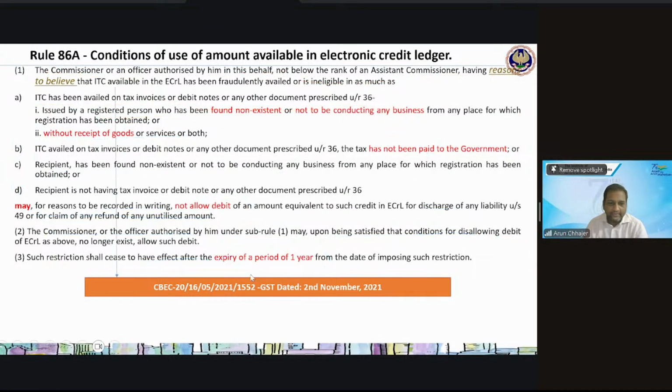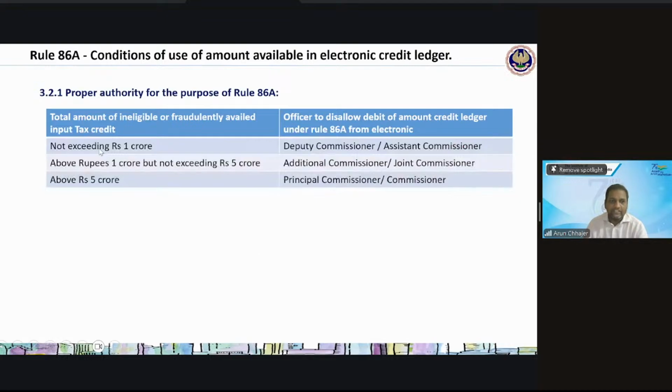There is one CBIC order which talks about if the amount is not exceeding 1 crore, then deputy commissioner or assistant commissioner. Amount exceeding 1 to 5, then additional or joint commissioner. Amount exceeding 5 crore, then principal commissioner. The order by the officer to disallow the debit from the credit ledger will be passed by these designations. If the amount is serious, the amount is high, then senior officers have the power.